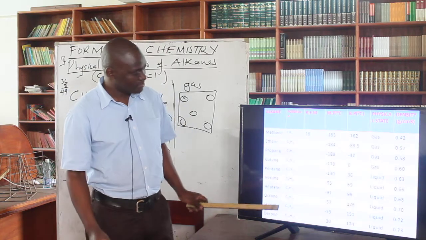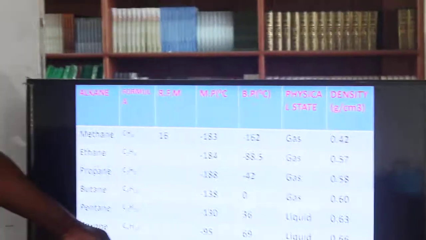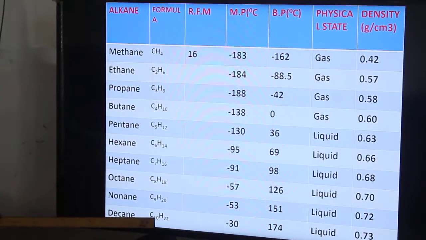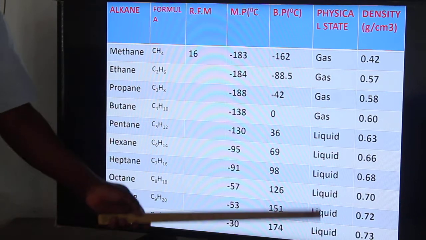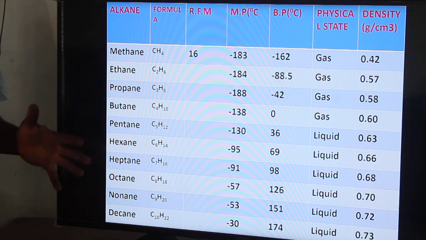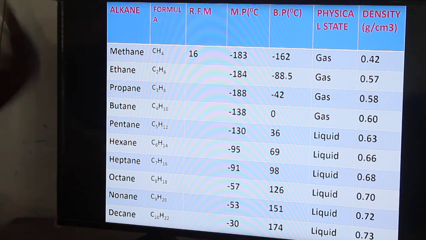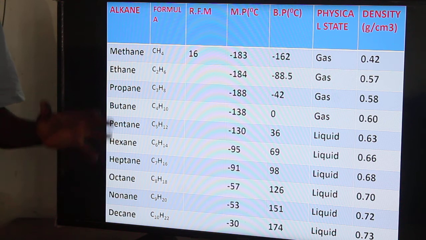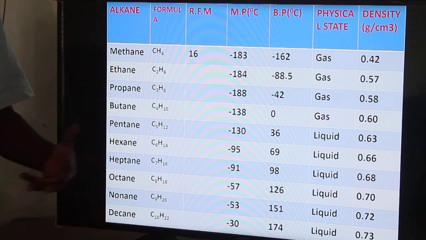Going back to the table, we have said the rest from number 5 up to the one with 10 carbon atoms exist as liquids. Why? Because they have moderately large molecular sizes, which results in stronger intermolecular forces of attraction.